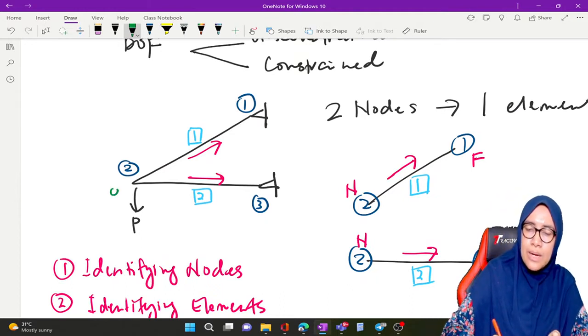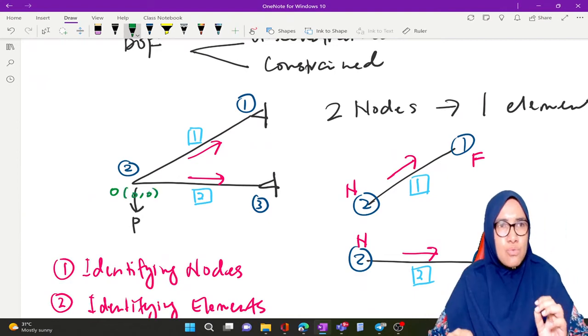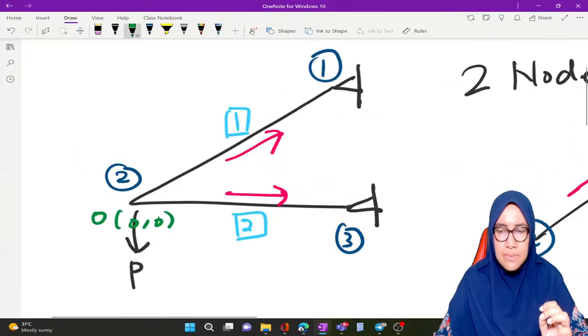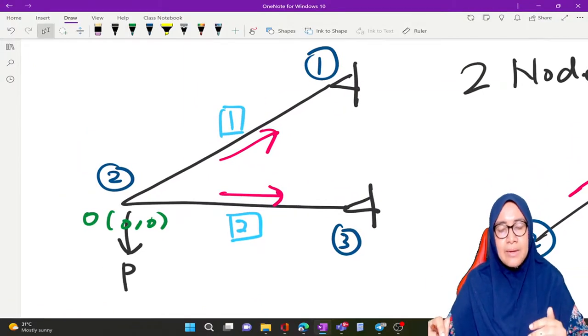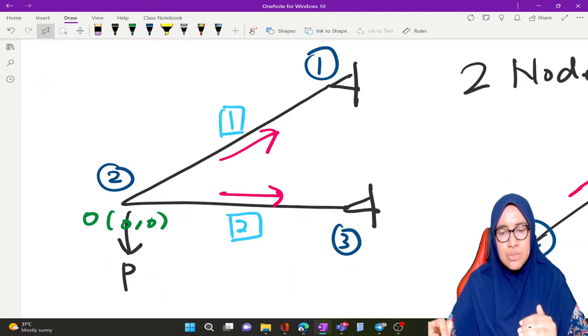Choose one node as origin. The node that we choose will be labeled as 0, 0.